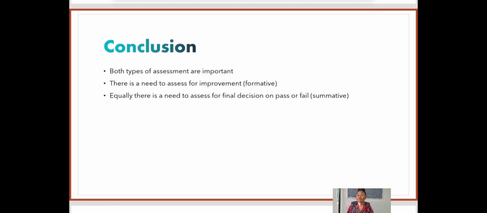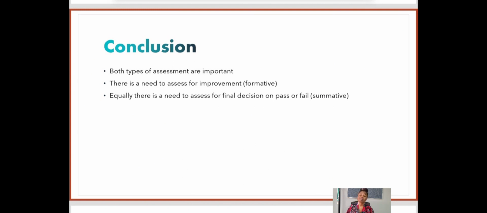Now, they are both important because it is necessary for lecturers to give formative assessments in order for the students to be given a chance to test themselves and be able to improve.